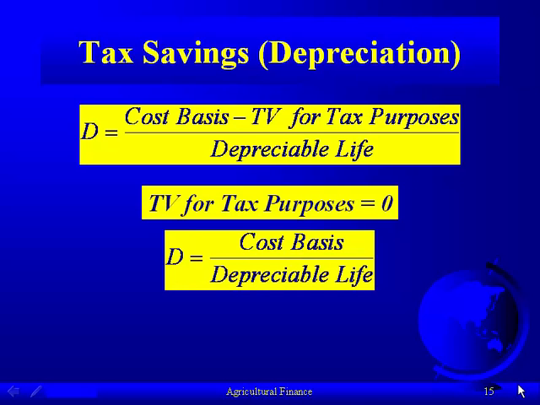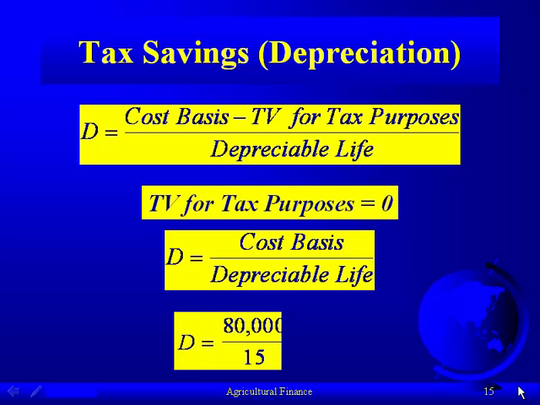So the depreciation then can be simplified by taking the cost basis, which in this class is going to be the price or the cost of that investment, and you're going to divide it by the depreciable life. In all cases, those two numbers are going to be given to you in the problems. So you pull those numbers out. In this particular case, the cost was $80,000.